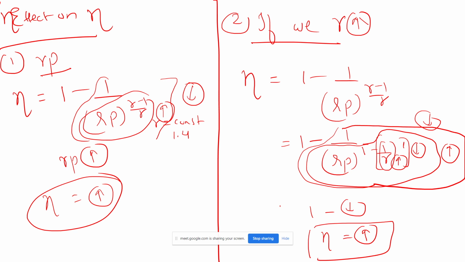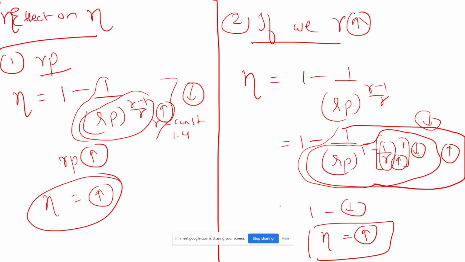Okay, now what happens if the adiabatic index is increased? Its efficiency decreases, sir. No, no, it will increase. Here I have shown you now. See here, if the index increases, this term will decrease, the whole term will decrease.